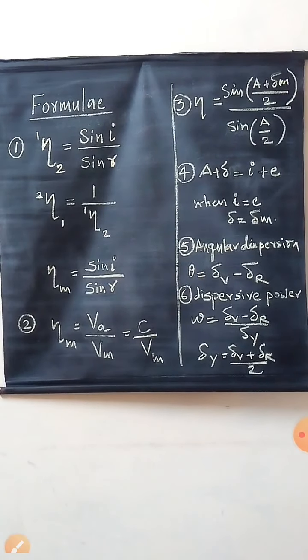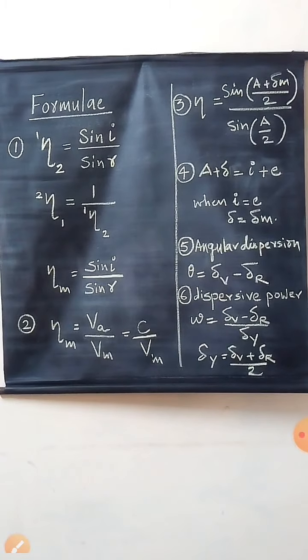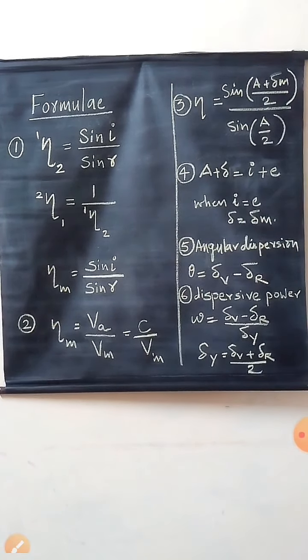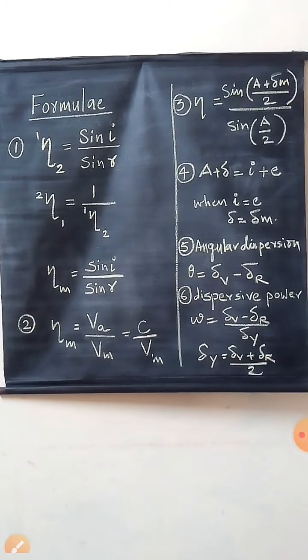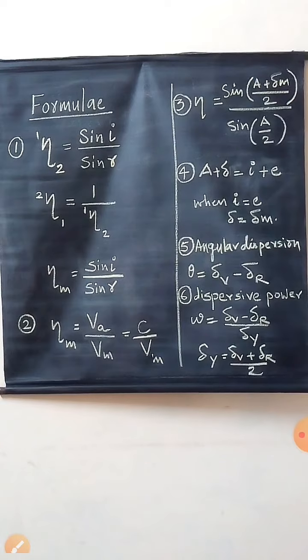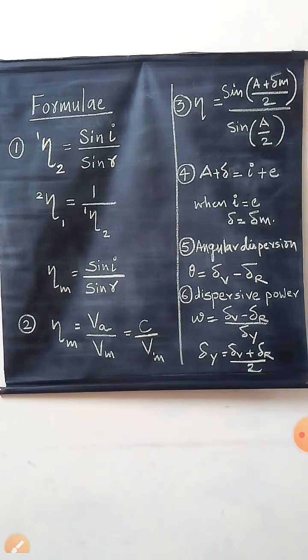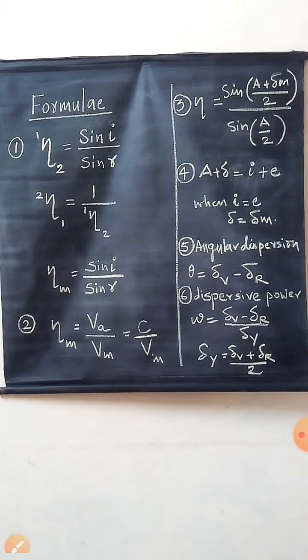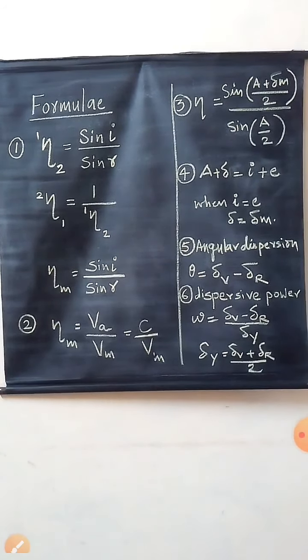Here light is traveling from medium 1 to medium 2, so that angle of incidence I is in medium 1 and angle of refraction R is in medium 2. You can also calculate the refractive index of medium 1 with respect to 2 as equal to 1 upon refractive index of medium 2 with respect to 1.